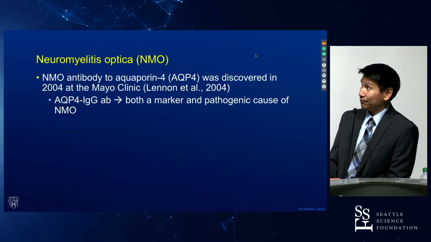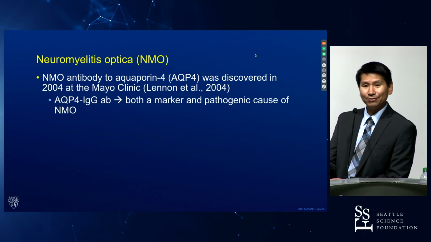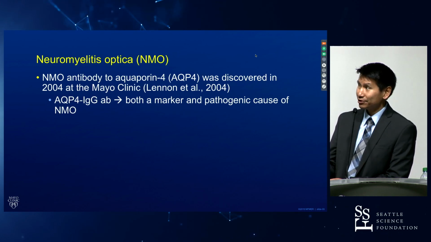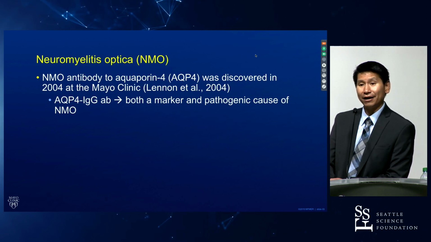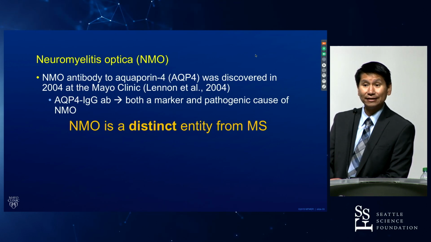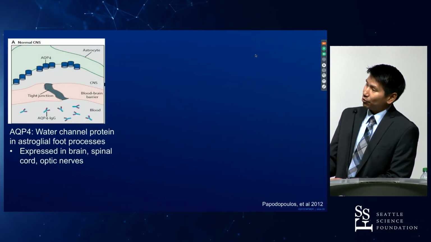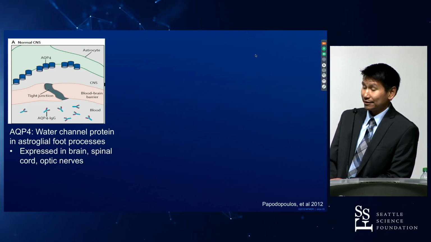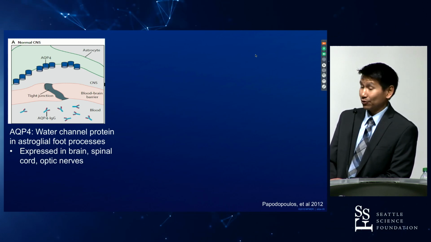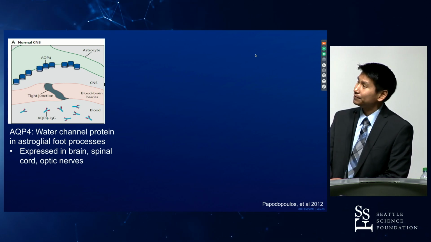And that was Lennon and colleagues at the Mayo Clinic in 2004 actually found the NMO antibody against aquaporin 4, which was found to be both a marker and a pathogenic cause of NMO. And it firmly cemented NMO as a distinct entity from MS because we actually have a marker for it. So aquaporin 4 is our water channel protein found in the astroglial foot processes and expressed in the brain, the spinal cord, and the optic nerve, which is why these are the areas that get affected so commonly in NMO.